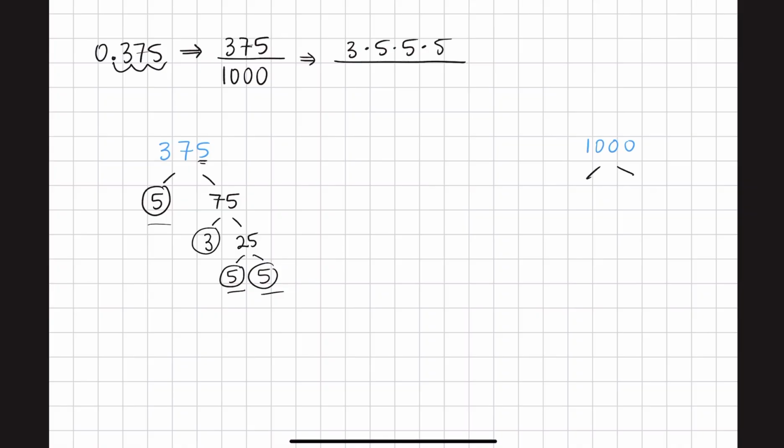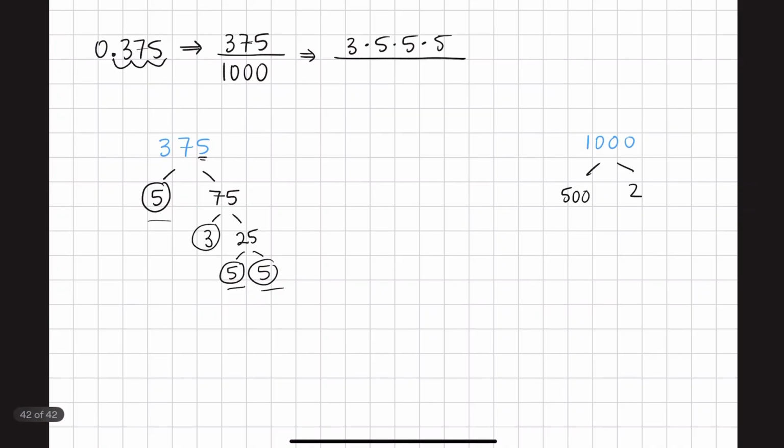I'll just start off by dividing it by 2. I know it's an even number. So that's 500 and 2. And then if 500 is further divisible, if I cut that in half, that's 250 and 2. And 250 is also divisible by 2, so I can break that into 2 and 125. Now 125 is no longer divisible by 2, it's an odd number.